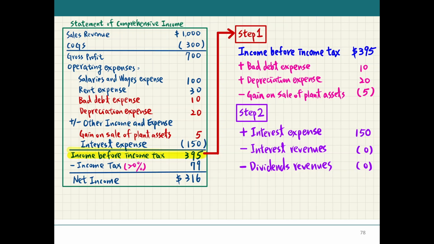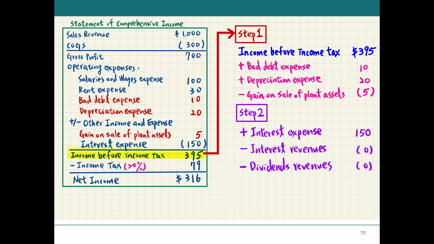In our textbook, we use the first option, income before income tax, with the indirect method. But for your problem exercises, we give you the second option, based on net income. So you should understand that for the final number, we have two options. The first is income before income tax. The second is net income, okay?